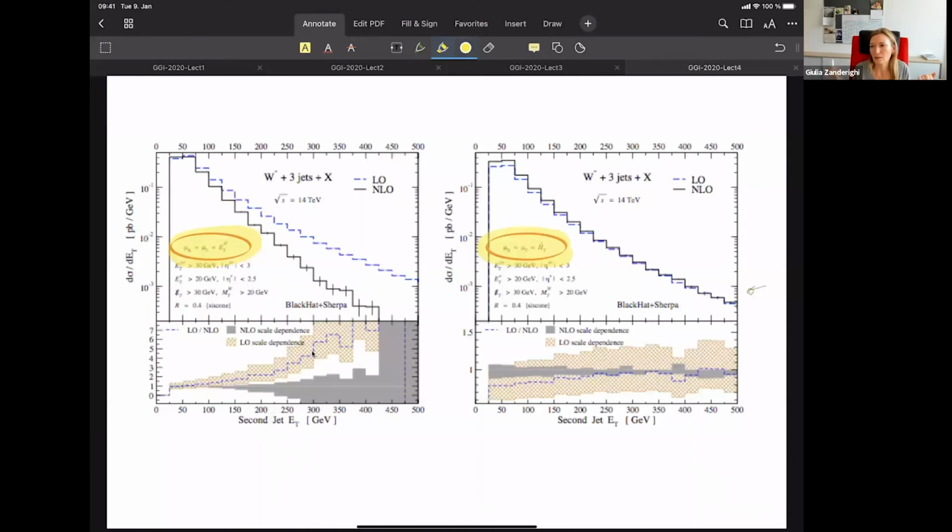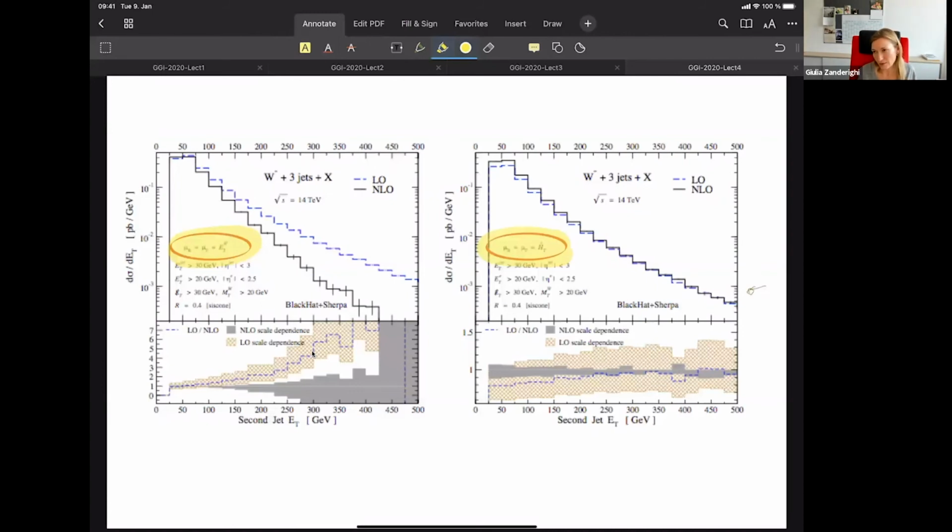They recoil against each other. The W is very soft. It's almost at rest. So this ET is a very small scale. If you take a small scale, you have a large coupling. And so a large coupling at leading order means that the leading order prediction becomes very large. And then you have these huge corrections here.